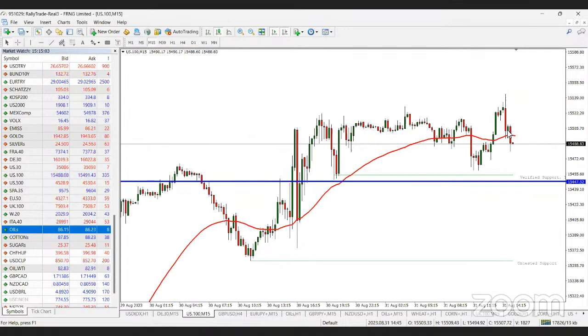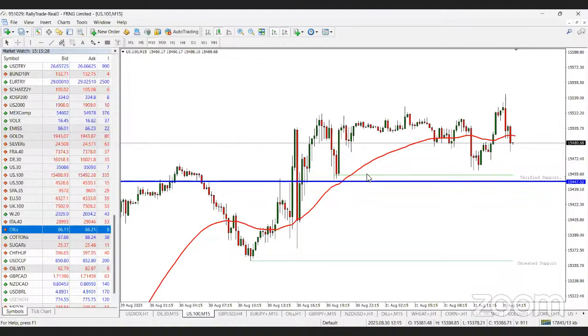Remember the strategy I taught us 2 weeks back: if you have 2 consecutive bearish candles below your 50 period moving average, you expect a sell to the nearest support. So if the next 15 minutes candle closes bearish also, it means price is likely going to sell, but there is a support here.